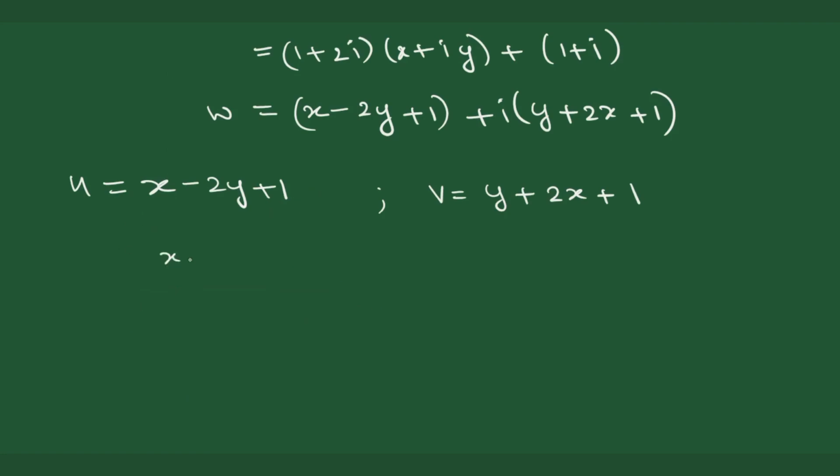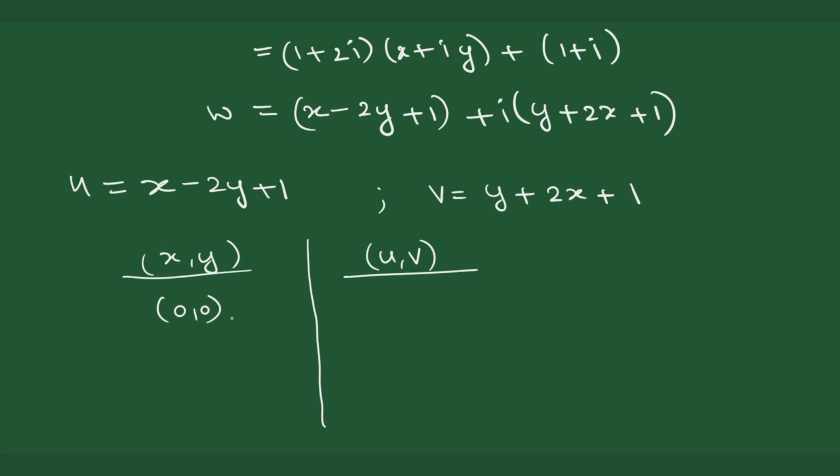So here let us consider the coordinate points for the z plane and the coordinate points in the w plane. So this is for xy and this is for uv. The coordinate points in x, y are 0, 0 and 0, 1 and 2, 0 and then 2, 1.